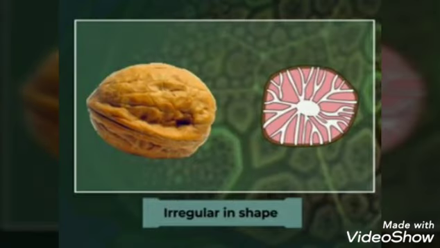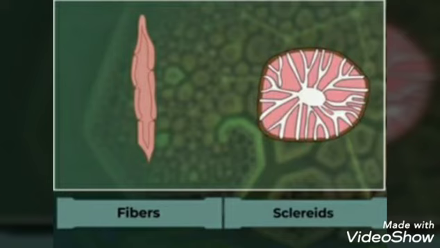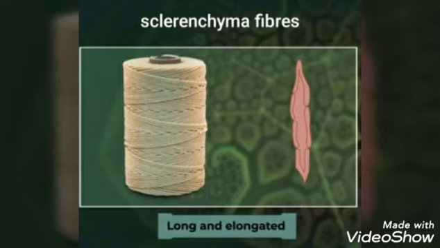The cells of these tissues come in different shapes and sizes, but two main types are sclerenchyma fibers and sclereids. Now the sclerenchyma fibers are narrow and elongated dead cells with pointed ends.